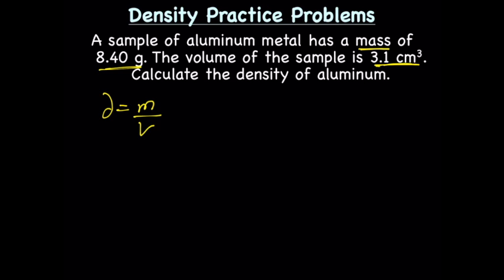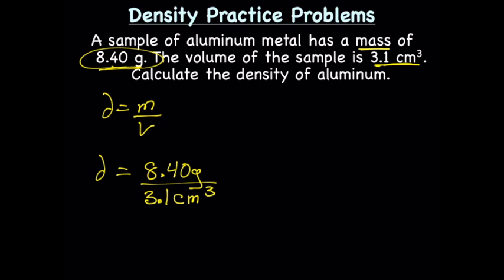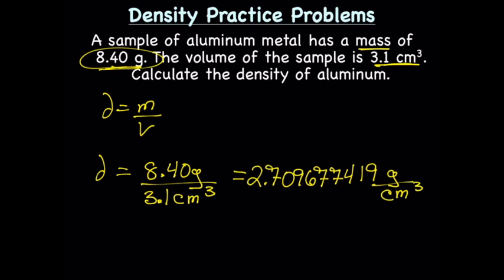So we have density equals the mass, which is 8.40 grams, divided by the volume, which is 3.1 centimeters cubed. So now we'll just divide, and that'll give us 2.709677419. And then we now have the units grams per centimeters cubed.